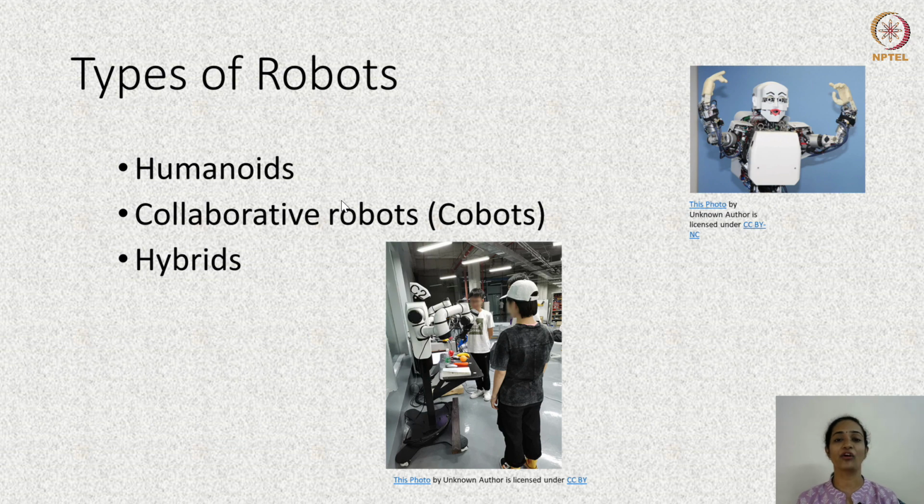The final kind of robots that we are looking at are hybrids. A hybrid is two different kinds of robots in one. You can have an autonomous mobile robot fitted with a robotic arm.